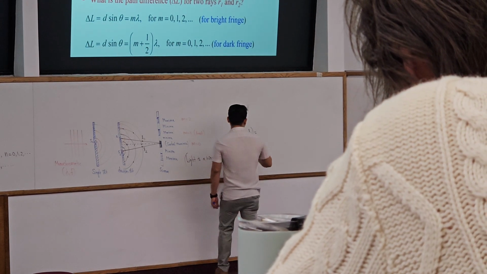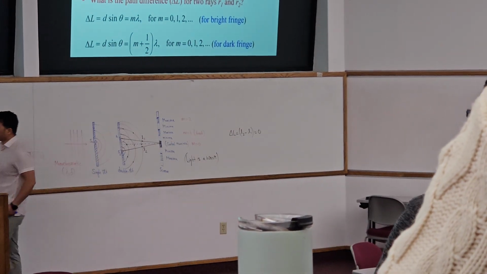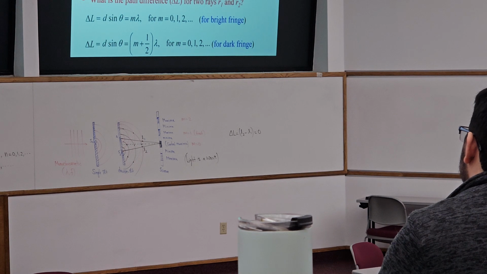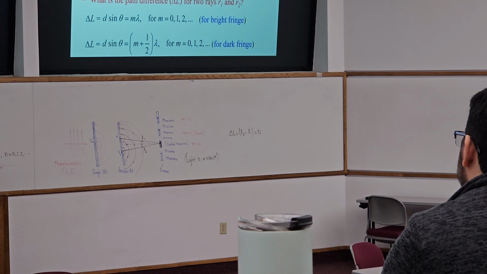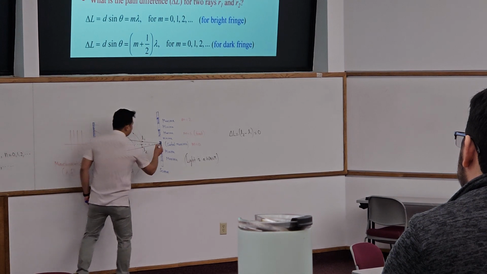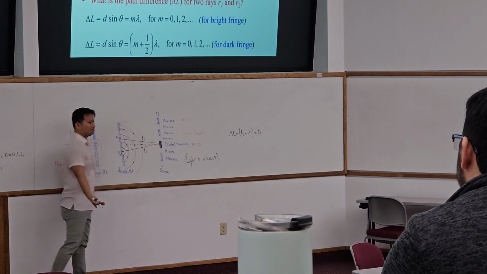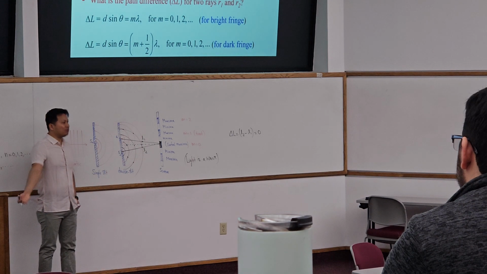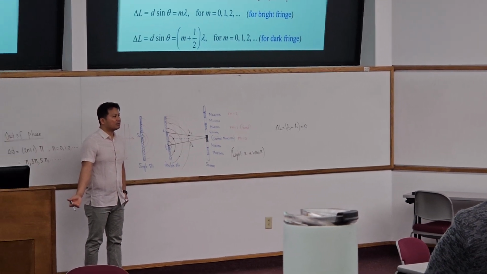So if your path difference is 0, then according to our wave theory, we have a constructive interference. That means whatever he has seen at the center point as a maxima can be explained. Because path difference is 0, I should have a maximum over there. Right?